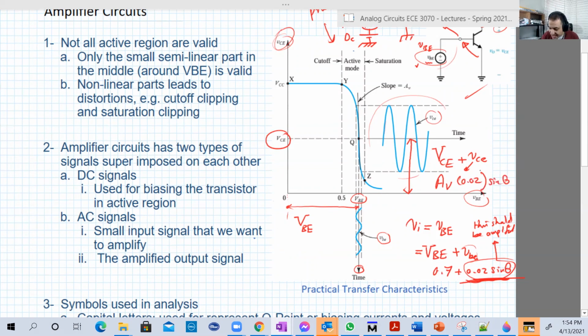So the maximum here was 0.02. Now the maximum is AV times 0.02. For example, if AV is 100, then this should be V capital CE capital plus 2 sine theta. So the AC part has been amplified 100 times.